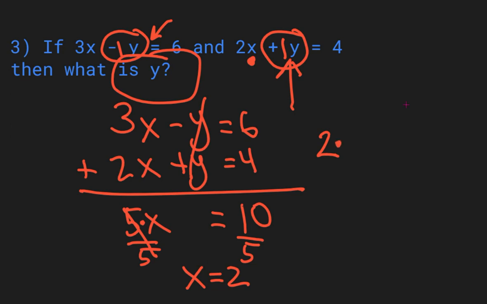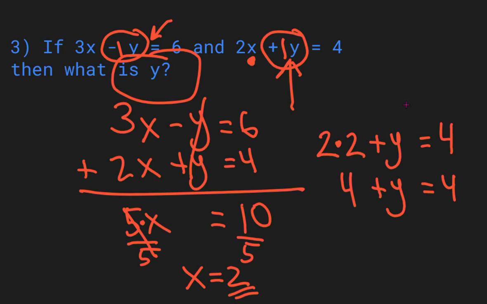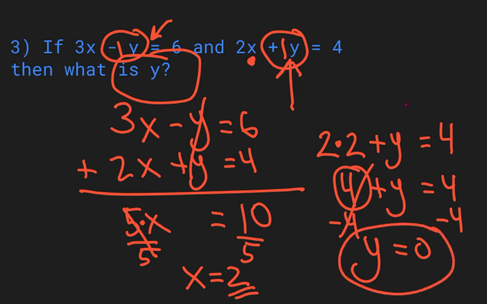I'm going to write 2 times, instead of x, I'm going to put in my answer, plus y, my nice positive y, ready to go. 2 times 2 is 4. I need that y by itself, so I'm going to get this to the other side, and the opposite of positive 4 is subtract 4. And if I do it to one side, I do it to the other, and oh yeah, y equals 0. I finally found the answer.